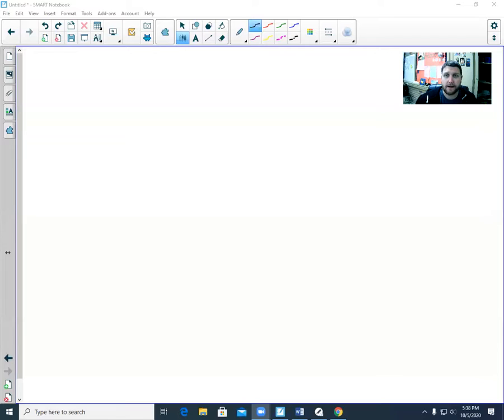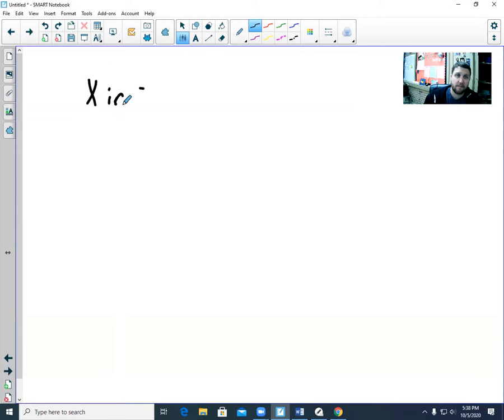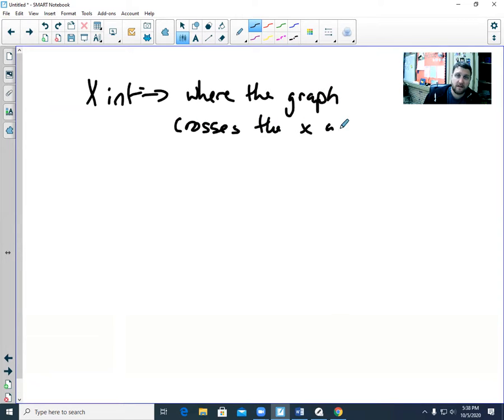The part that I think is kind of important, and I want to make sure that we at least know how to do, and maybe we know how to do it already, is to understand what x and y intercepts actually are. Example 4 is all about finding the x and the y intercepts. And remember, an x-intercept is where the graph crosses the x-axis.